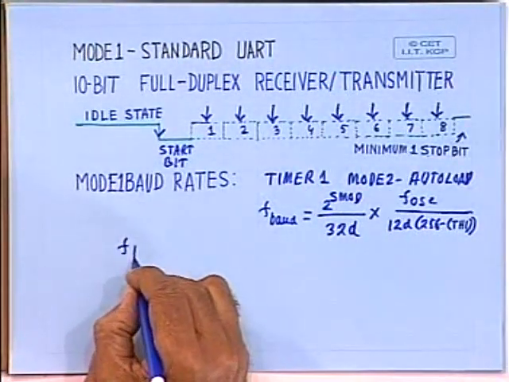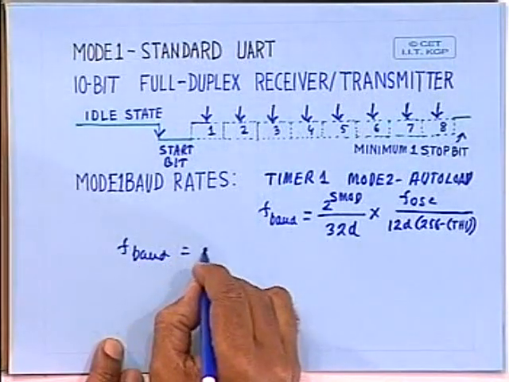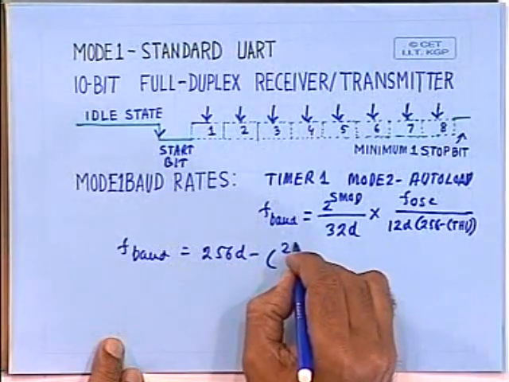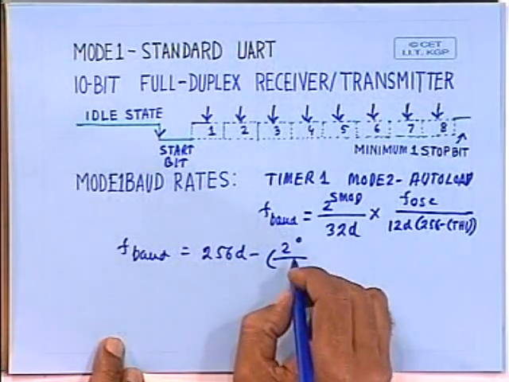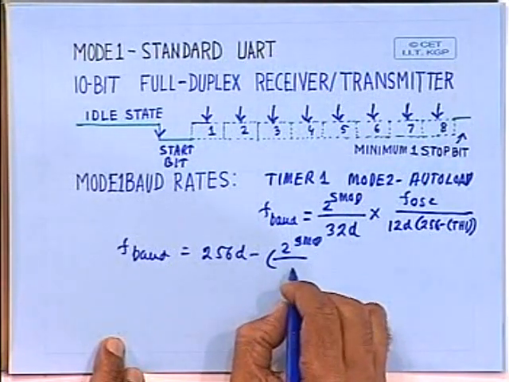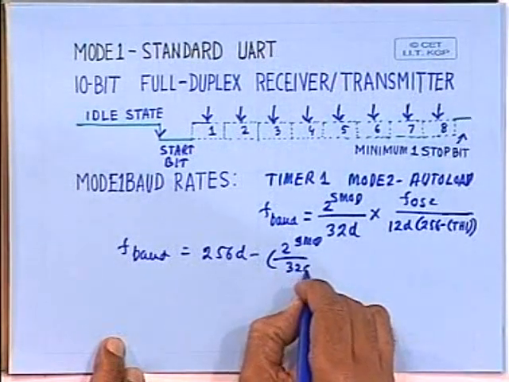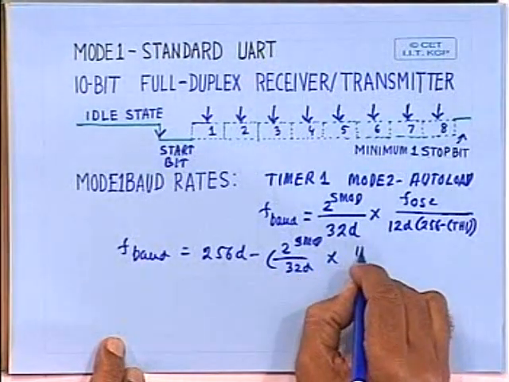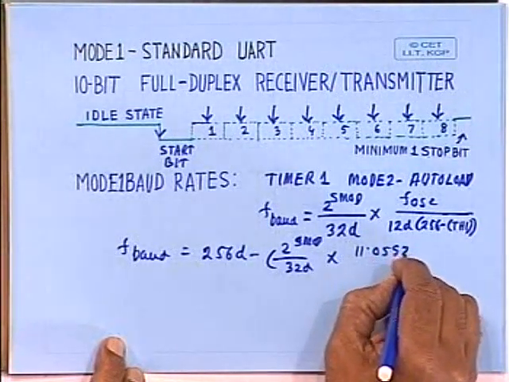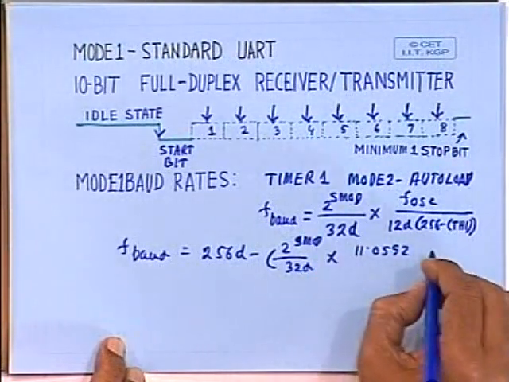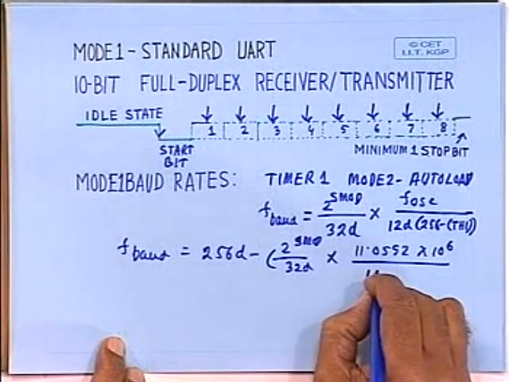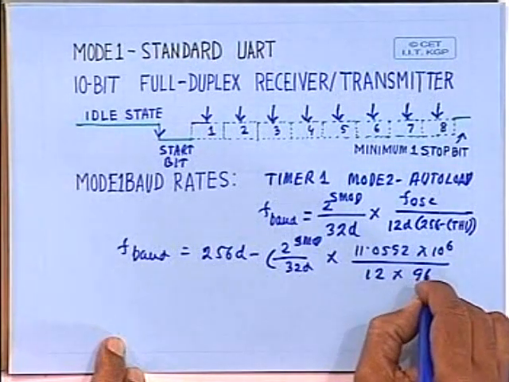Actually, baud rate will be (256 minus TH1) equals 2 to the power SMOD by 32 into 11.0592, if this is the clock frequency, into 10 to the power 6 by 12 into say 9600, which is the baud rate.